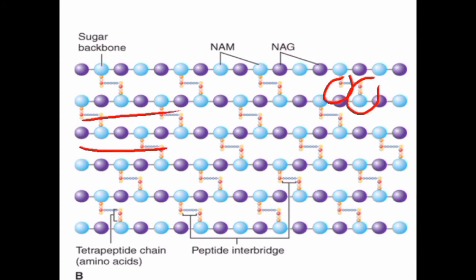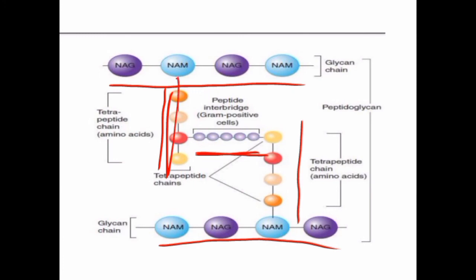As I previously told you, this peptidoglycan is a main site for some antibiotic action, for example penicillin. But how? These two tetrapeptides are cross-linked by the enzyme transpeptidase.